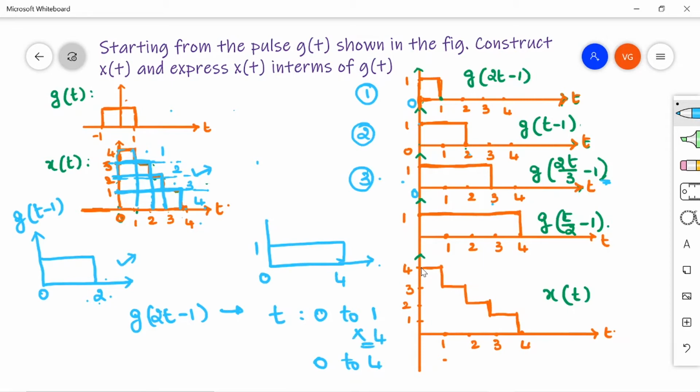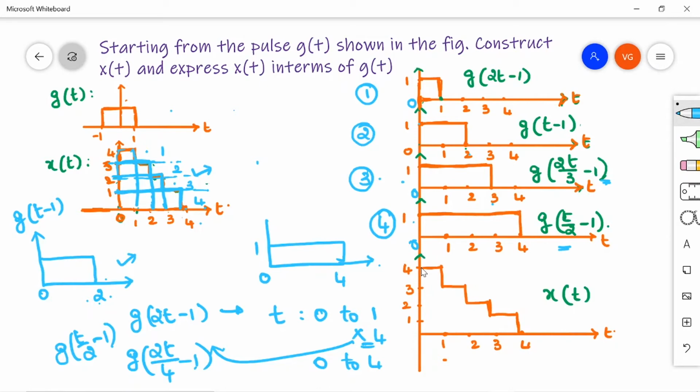As I am multiplying the time range by 4, I have to scale the t such that you divide it by 4, right? So g of 2t by 4 minus 1, that is nothing but g of t by 2 minus 1. So this signal is g of t by 2 minus 1. This is my layer 4, with an amplitude of 1 and the time range from 0 to 4.